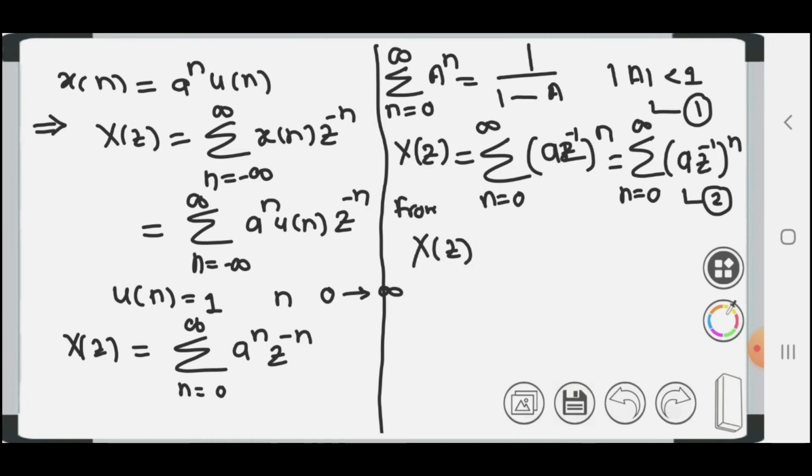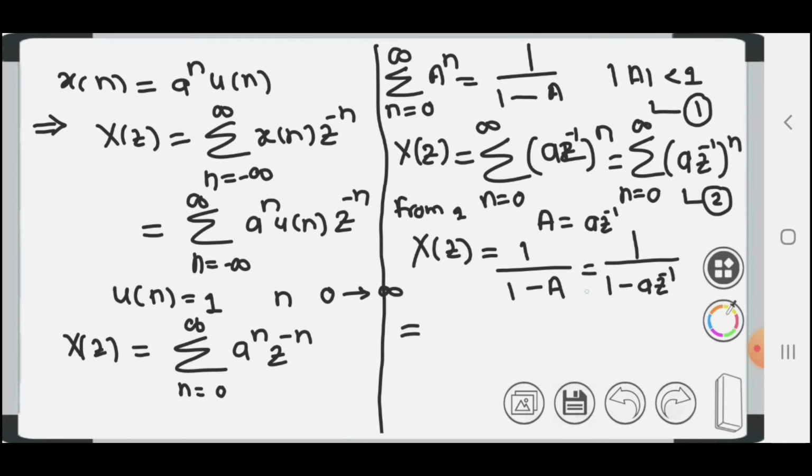So, from equation 1, we can directly write down the answer. You can compare this a with a z inverse. So, it will be 1 upon 1 minus a, which is nothing but 1 upon 1 minus a z inverse.